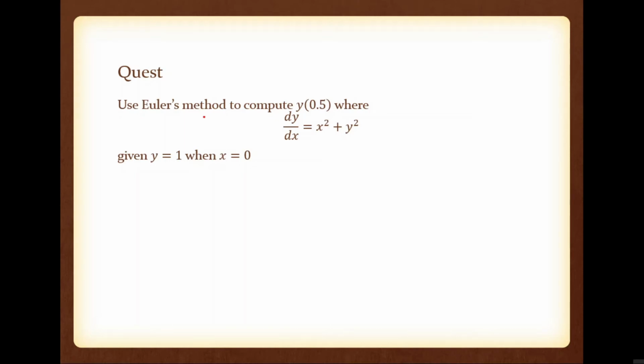The given ordinary differential equation is dy by dx is equal to x square plus y square, where the initial value is y equal to 1 when x equal to 0. So I think you noted down this question.